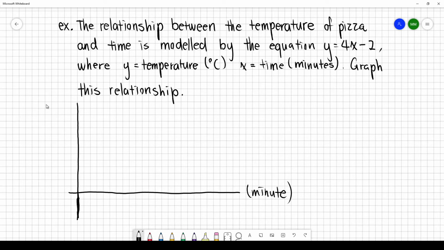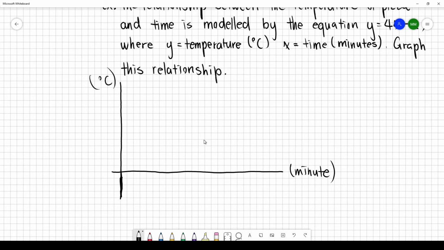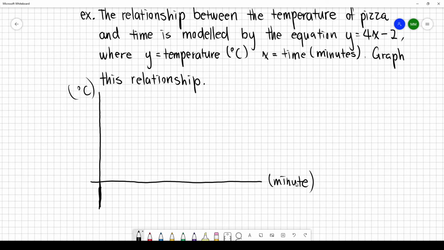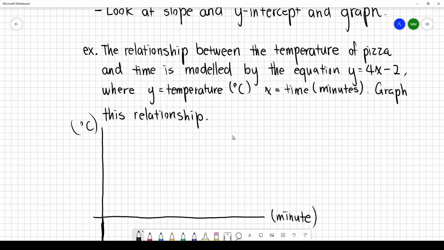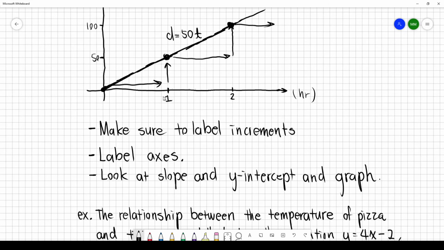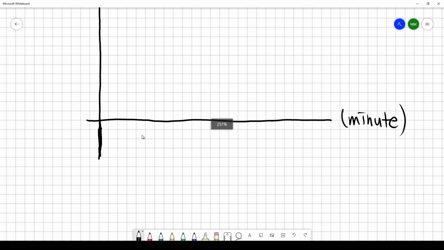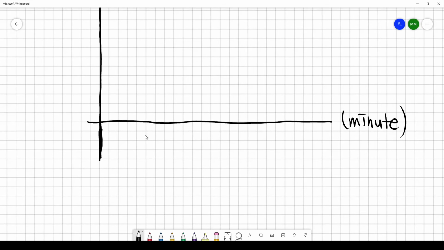So minute, and then this is degrees Celsius. So I think I'm just going to use one box as one increment. And when you have that, you don't need to label the increments. You still need to label the axes. So you need to label the increments when they are not one box per one increment. So I'm doing one box per one increment. I'm just gonna leave it like that.